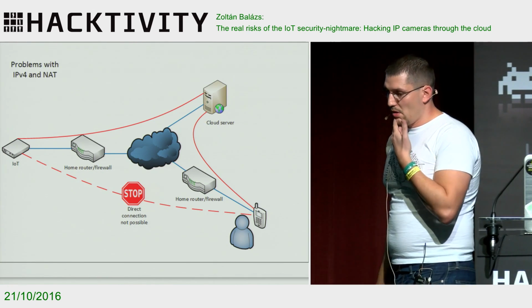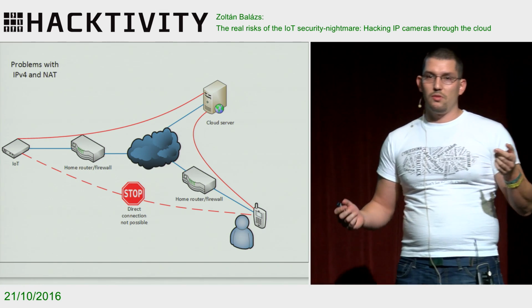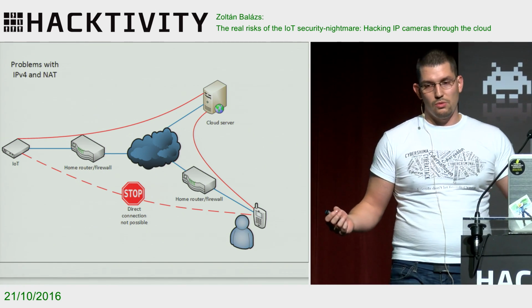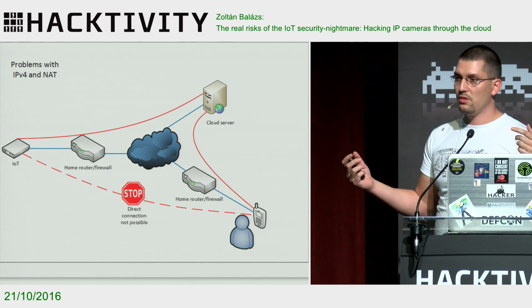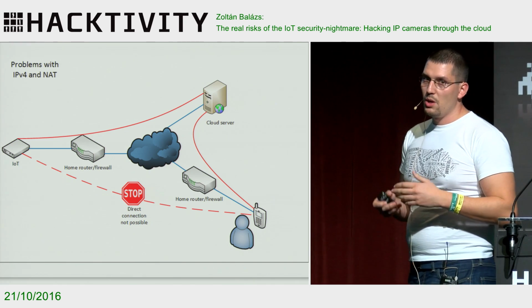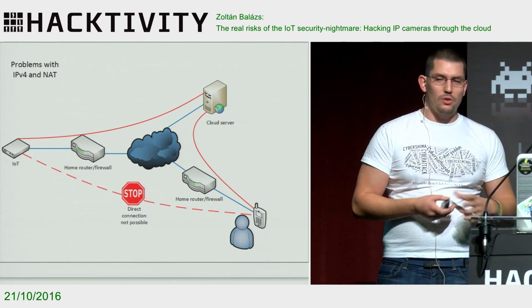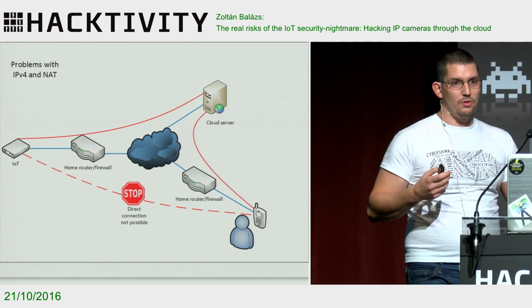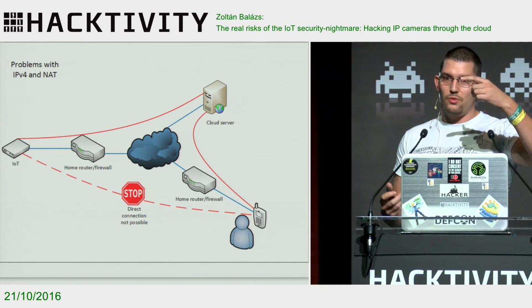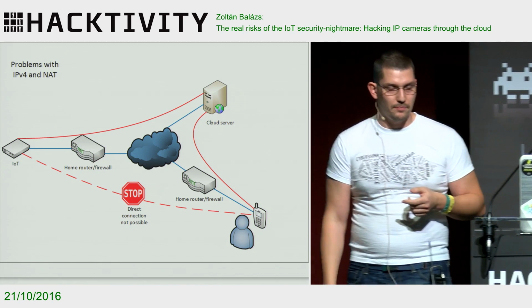As you know, if both devices are behind NAT, it's basically impossible to connect these two devices together without the help of a cloud server, which can act as a broker to set up the connection. For example, if you think about how TeamViewer works, they are using a server so both clients can connect to each other.